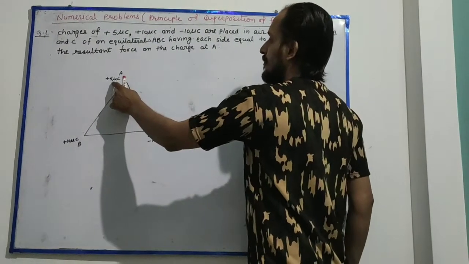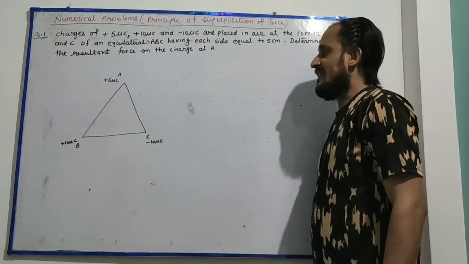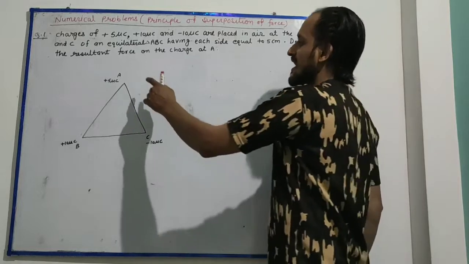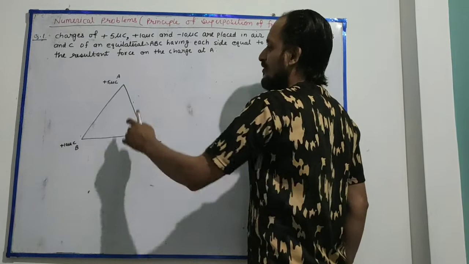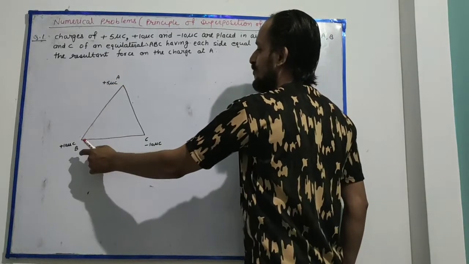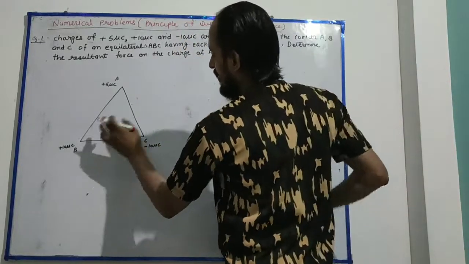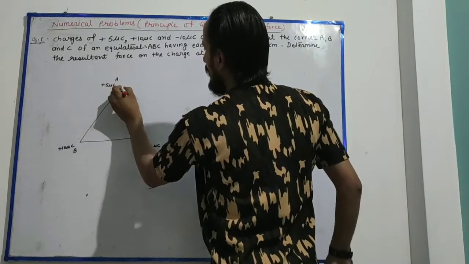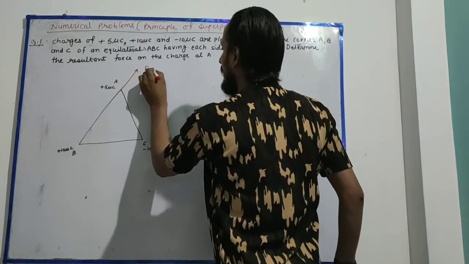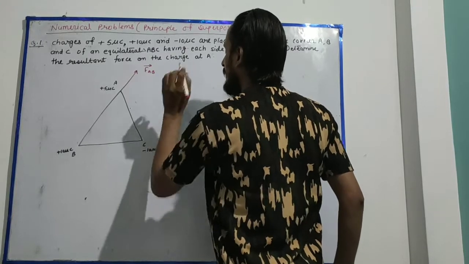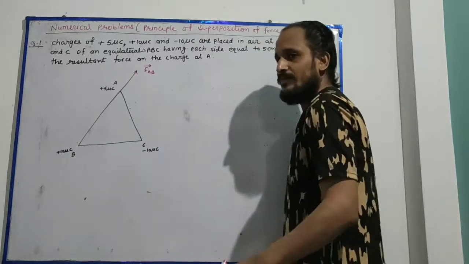Both the charges are positive, so the force is repulsive. B will repel A, and the direction of force on charge A due to B would be outward. You can write it FAB, which means force on charge A due to charge B.